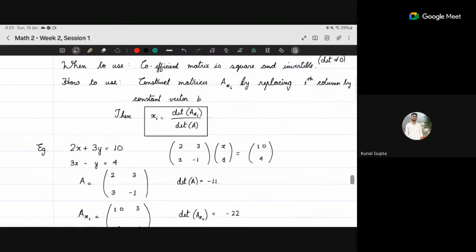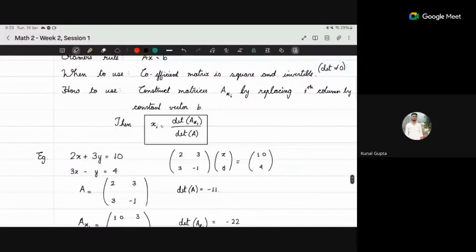Sir, if I'm not wrong, the reason for replacing a column of the coefficient matrix with the constant matrix is that each column in the coefficient matrix corresponds to one particular variable.